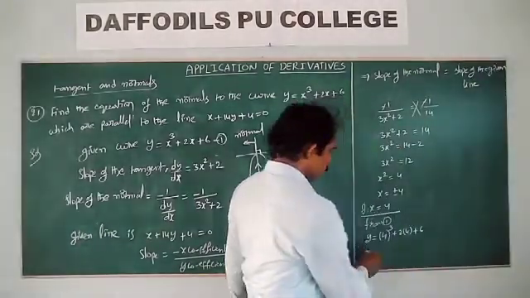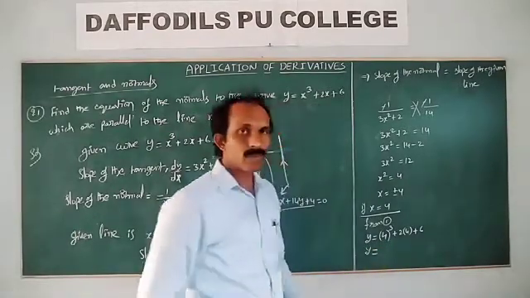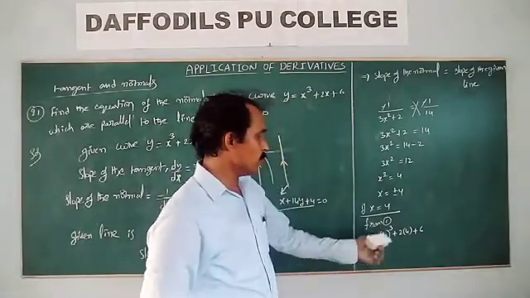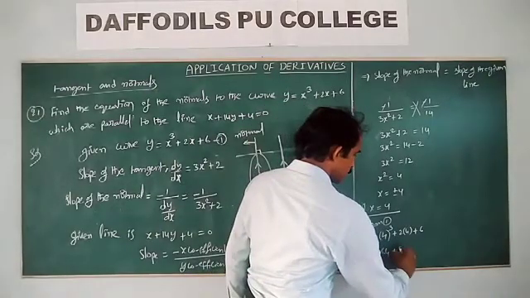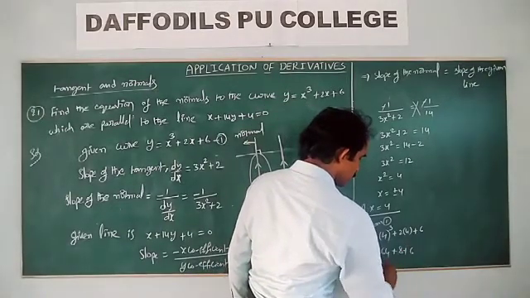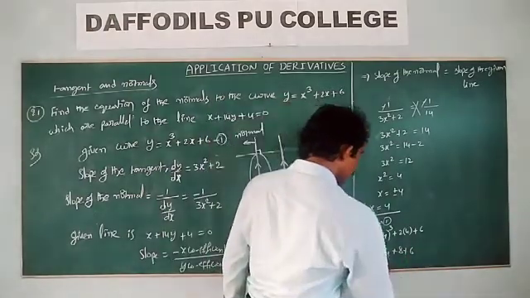What is this value? y is equal to 4 cube value 64 plus 8 plus 6, 64 plus 14, 78.